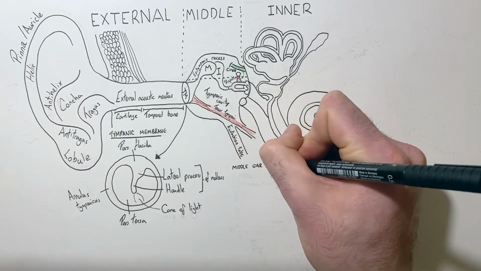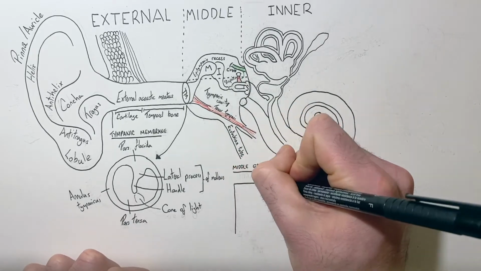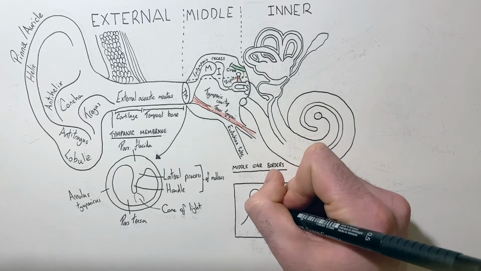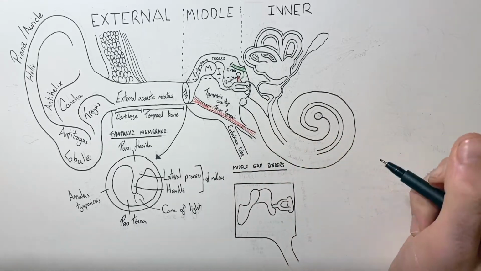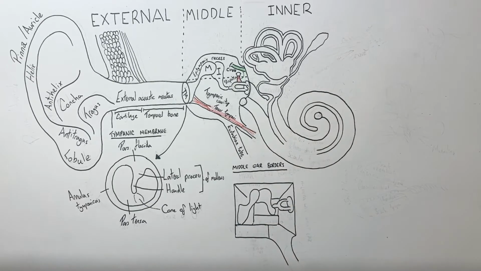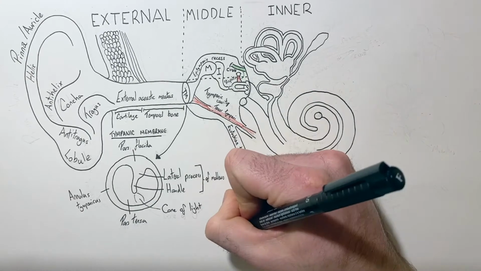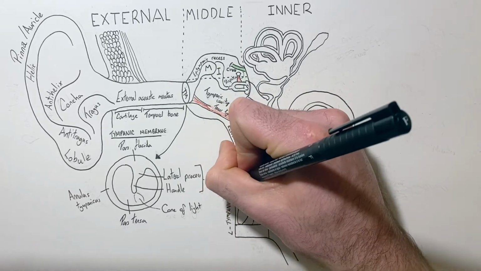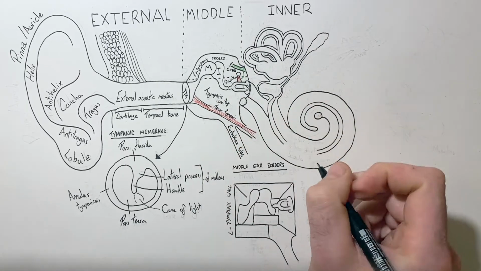Okay, I'm just going to draw the middle ear once more so that we can go over the borders of the middle ear. For the borders, the middle ear is effectively a cube. So if I draw in the ossicles to get you orientated here, all of the borders are quite logical. Laterally, the border is the tympanic wall, because of the tympanic membrane.